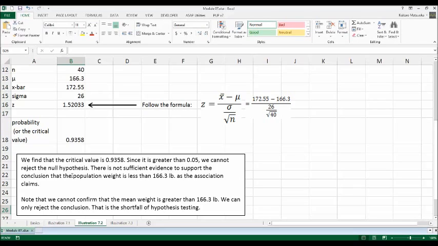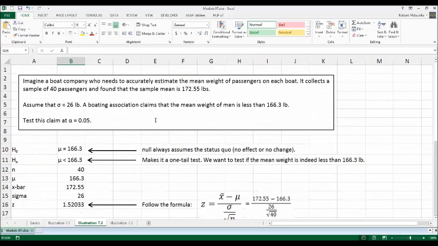So that's similar to here. We cannot say that the mean weight is greater than 166.3 pounds. We can only reject that conclusion. So in this class, we'll be seeing problems about the proportion or the means, and this is how you do hypothesis testing for the mean.